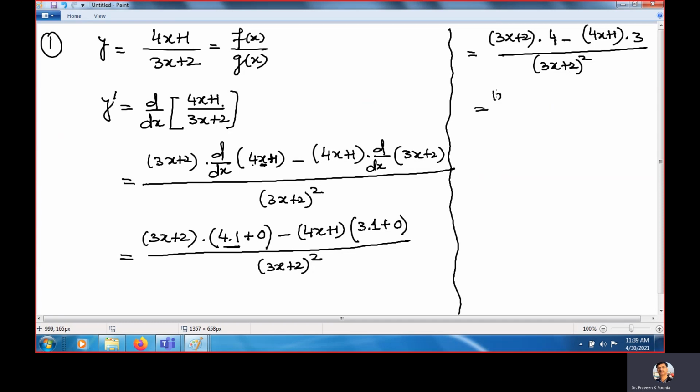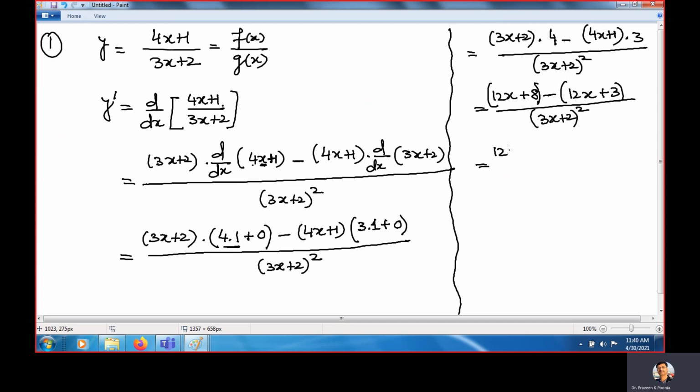4 into 3, 12x plus 4 into 2, 8, minus. Now every term will be negative because both are plus, or you can put brackets here, minus bracket: 4 into 3 is 12x plus 3 into 1 is 3, upon (3x+2) whole power 2.